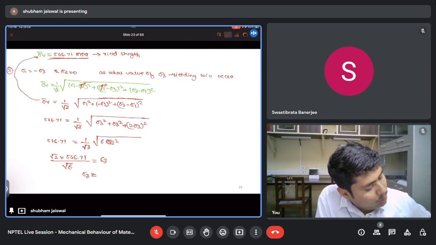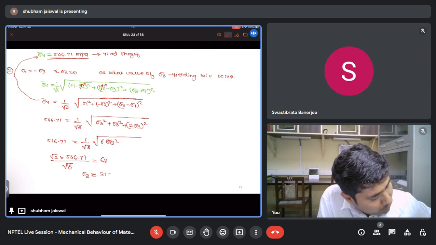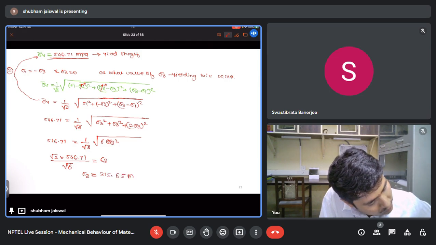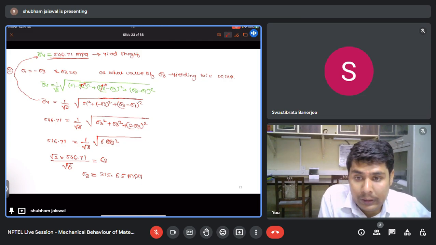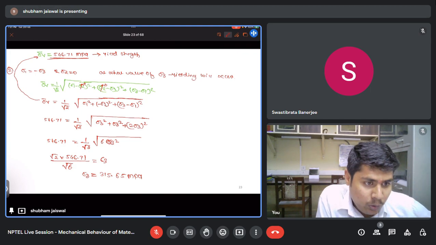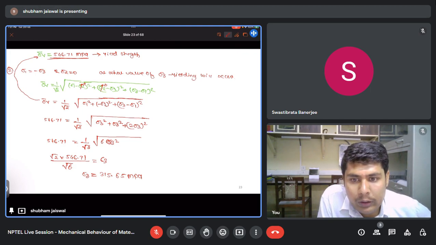So sigma 3 should be around 315.2 megapascal. If sigma 3 is greater than 315.65 megapascal, then only yielding will happen. If it is less than 315.65, then will yielding happen or not?